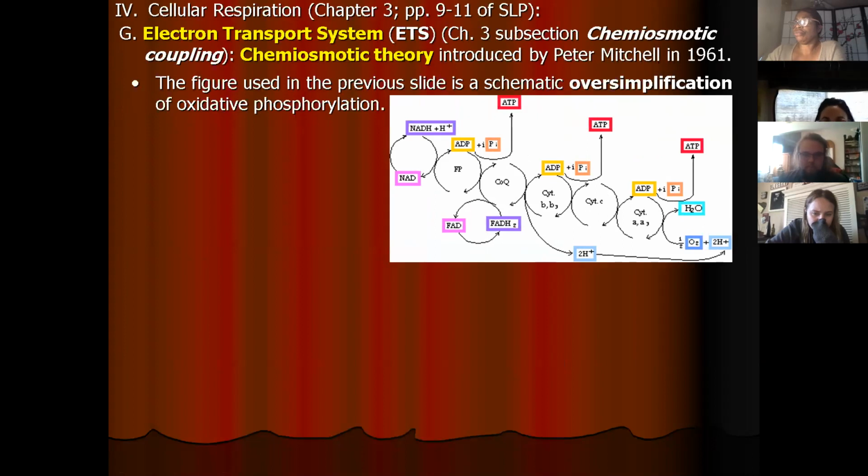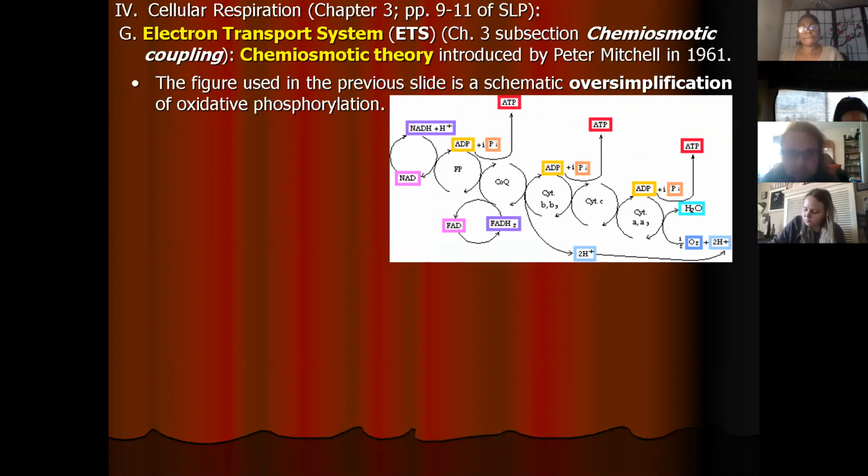All right, now let's talk about essay question number 5 on that document. The chemiosmotic theory, which is question number 5, and I would write this down somewhere because it's not on the slide, but it's a big picture comment.